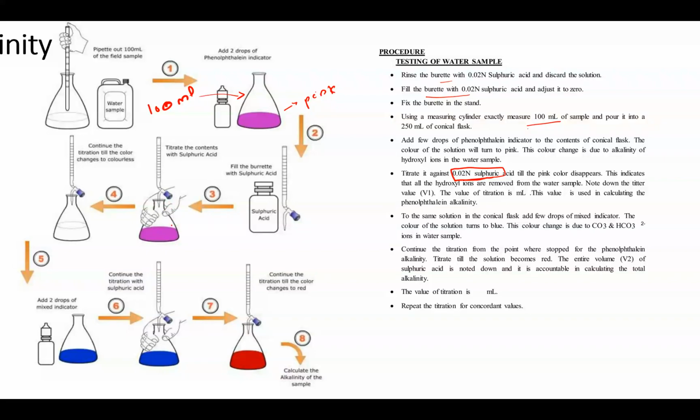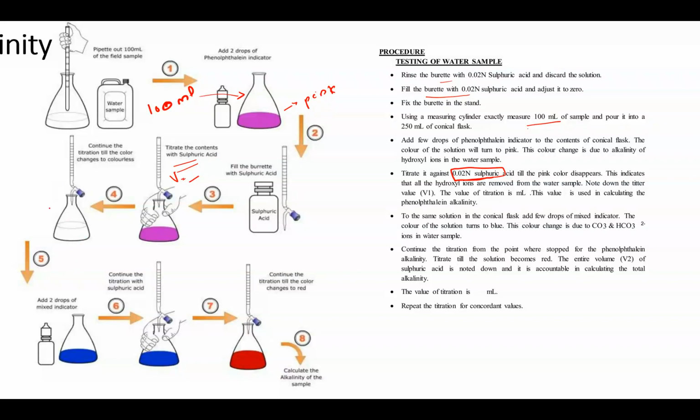At first it is a pink color, and at the point where this pink color disappears, you note down the volume of sulfuric acid poured, at which the sample turns colorless. That volume you mention here.